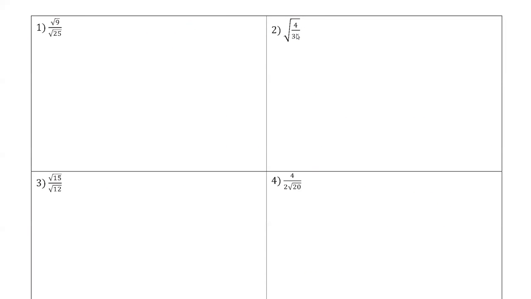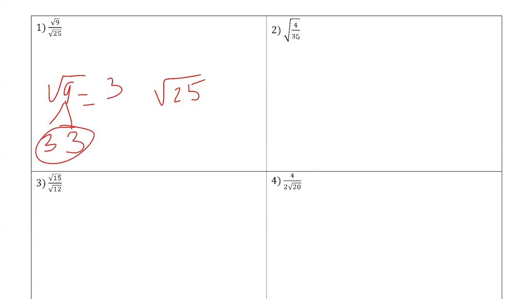But for number 1 on this backside, sorry, it started numbering again. Since you can't divide 9 divided by 25, you get a decimal, it's not a whole number, we're going to just simplify each piece. So the square root of 9 over the square root of 25. If you recognize these are perfect squares, the square root of 9 is just 3.